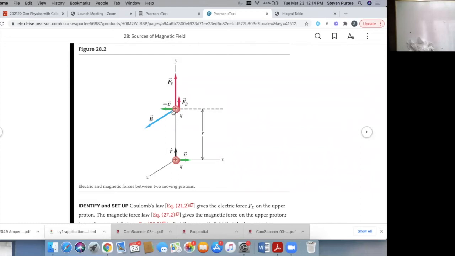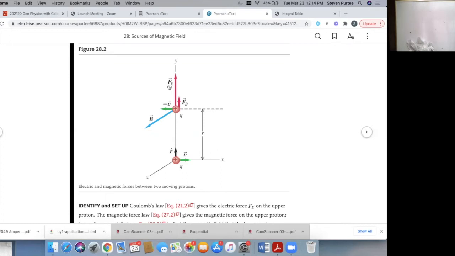But what if I put another moving charge in here? This guy is going to create a magnetic field at that spot where this charge lives at the moment. Because this charge is moving, it's going to feel a magnetic force. So let's actually work out these vectors here. FE here is the electric field. The electric field doesn't care that these guys are charged or are moving.